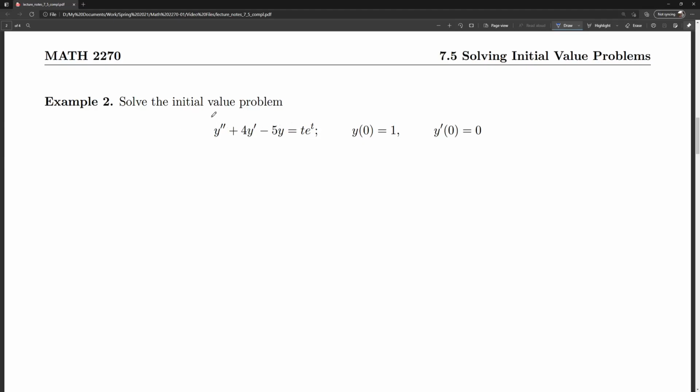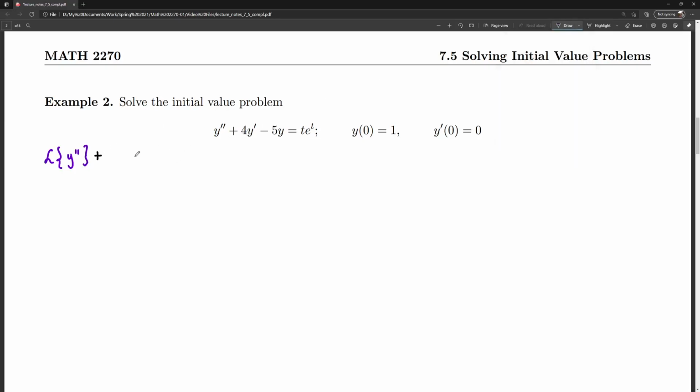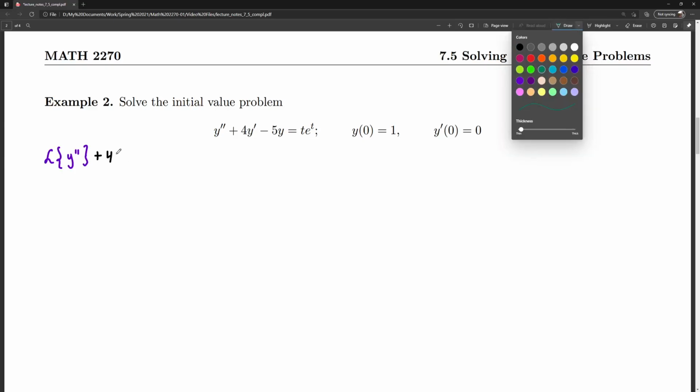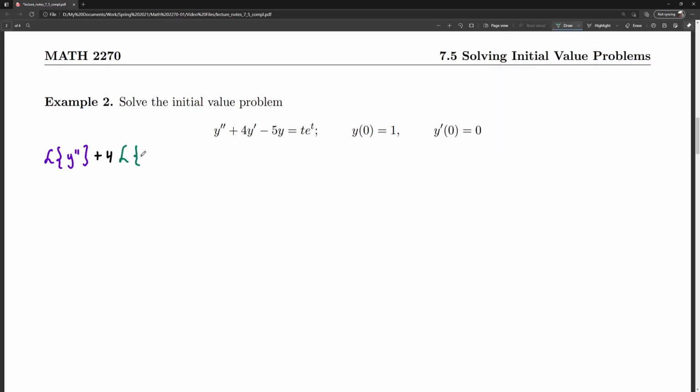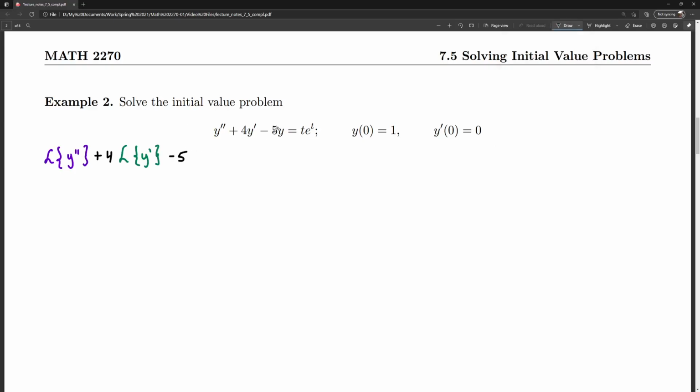By linearity, we start with the Laplace transform of y double prime, and then plus 4 times the Laplace transform of y prime, and then minus 5 times the Laplace transform of y, and we use the notation capital Y of s for that.